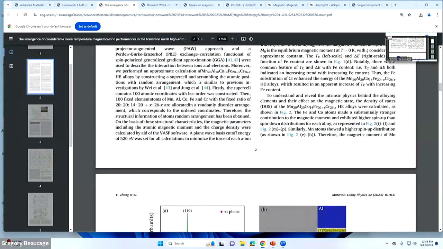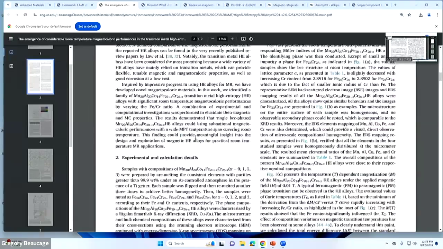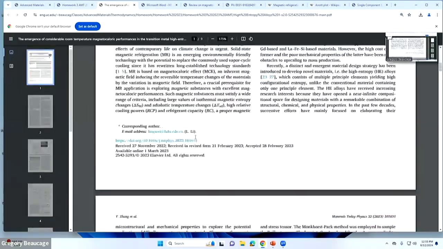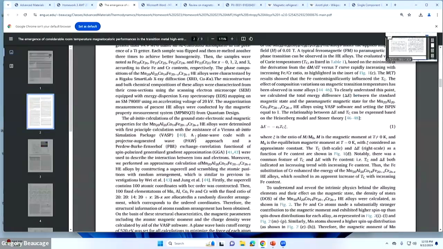What else is in here? So he wants a large delta S for this thing, and that means he has to figure out what the delta S is. He figures it out with equation 2 here. Equation 1 is how he relates things: he's plotting delta E and TC.